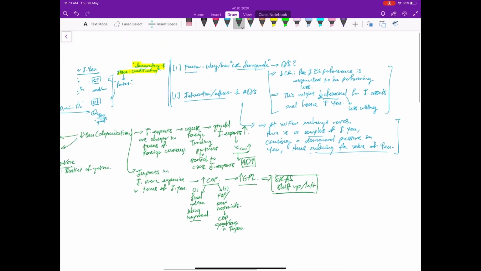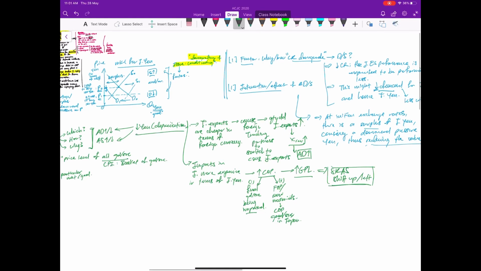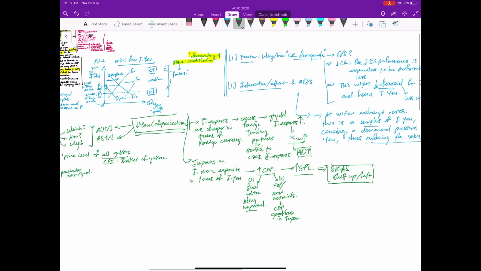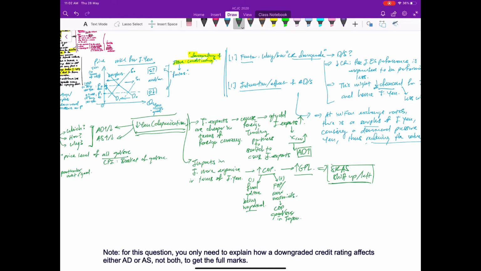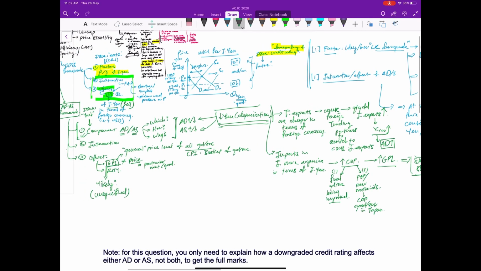This is also a very possible series of events that could have unfolded due to this issue of Japanese yen depreciating. And your job is to establish how AD and or AS will change and explain why. So the why is the sequential logical links that I've written out for you. And once you have done that, you can actually go ahead and show how this will lead to general price levels increasing.